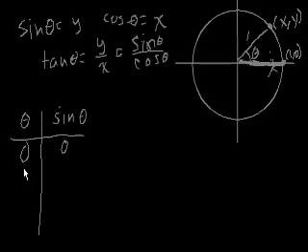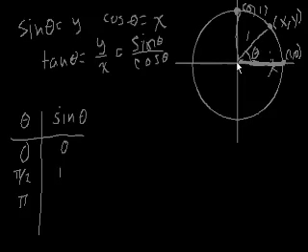What is sine of theta when theta is equal to pi over 2? Now our radius intersects the unit circle right here at the point 0, 1. And what's the y coordinate at 0, 1? Well, it's 1. What happens when theta is equal to pi radians?